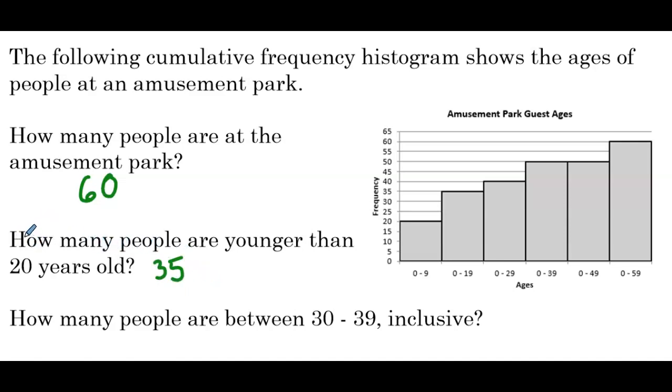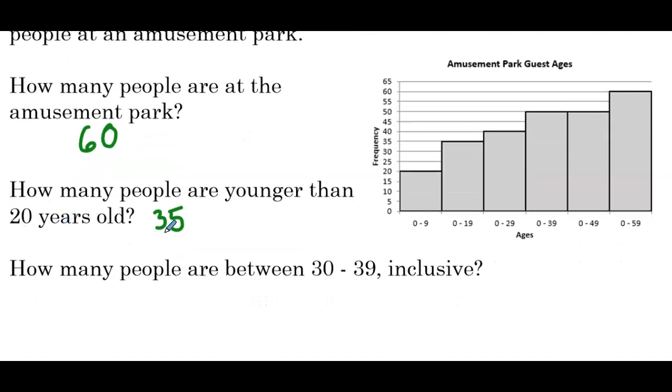How many people are between 30 and 39 inclusive? So this gets a little more difficult when we're working with a cumulative frequency histogram. In order to answer this question, we have to figure out the difference between two consecutive bars. In this case, between 0 to 29 and 0 to 39. This increase right here is the amount of people that are between 30 and 39 inclusive.